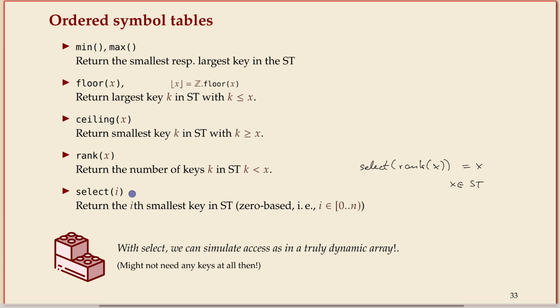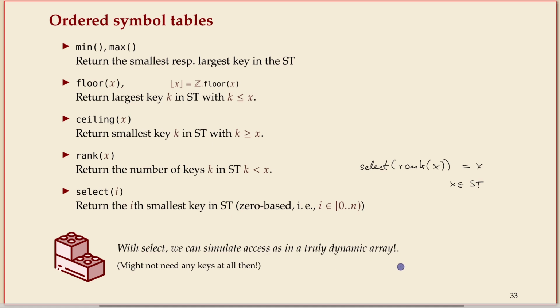And then with select, you can access the ith position in this dynamic array, in this hypothetical array. And you can insert in the usual way by specifying a key that lies between two existing keys in a certain position, and it will just take logarithmic, log n time if the tree is balanced, if the height is good.